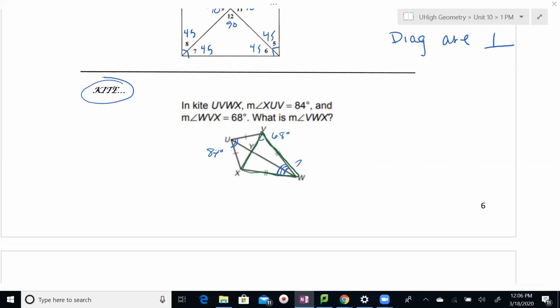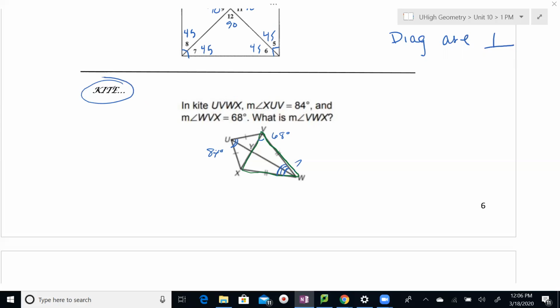Since those two sides, side VW and side XW, are congruent sides, I can tell that this is an isosceles triangle.